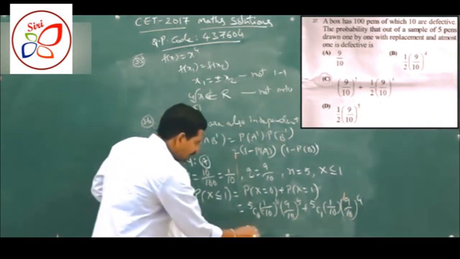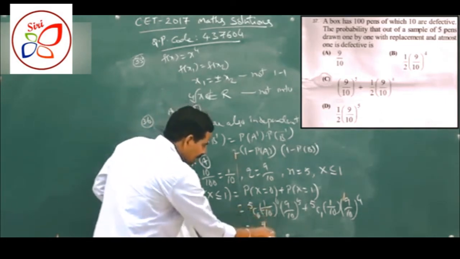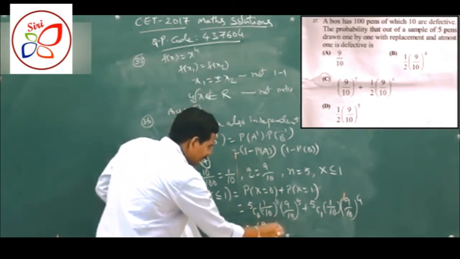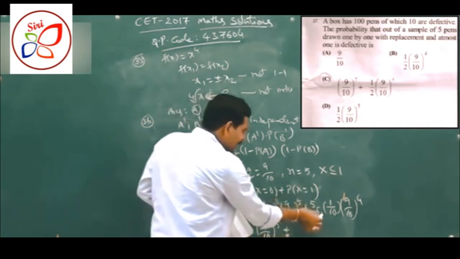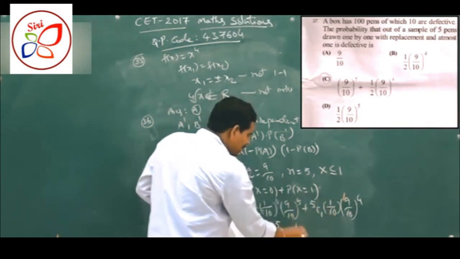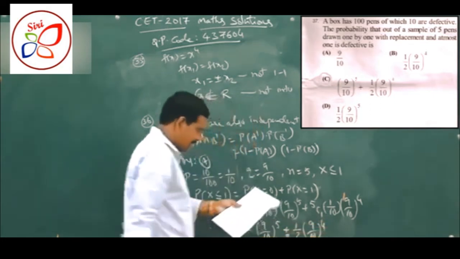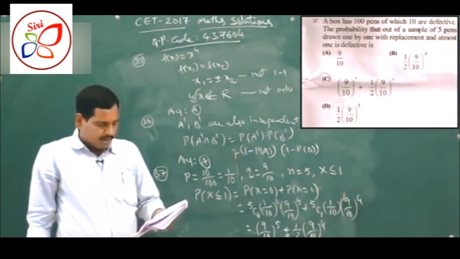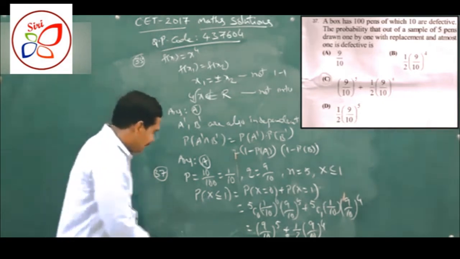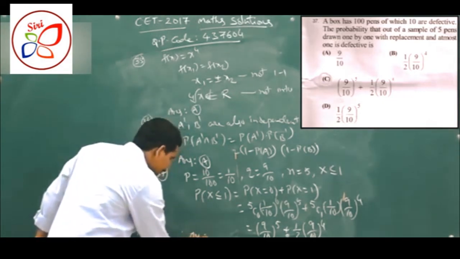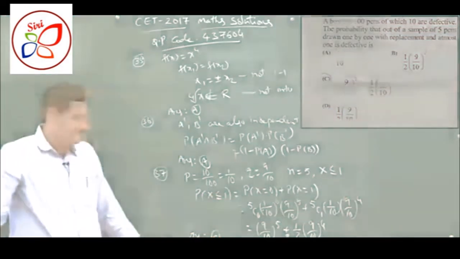So the answer is (9 by 10) to the power 5 plus 5C1, which is 5, into 1 by 10 is 1 by 2, (9 by 10) to the power 4, which is given in option C. So answer is the third option C.